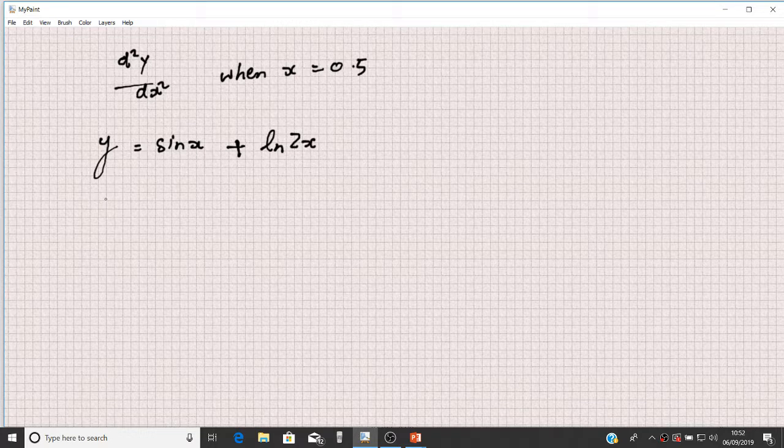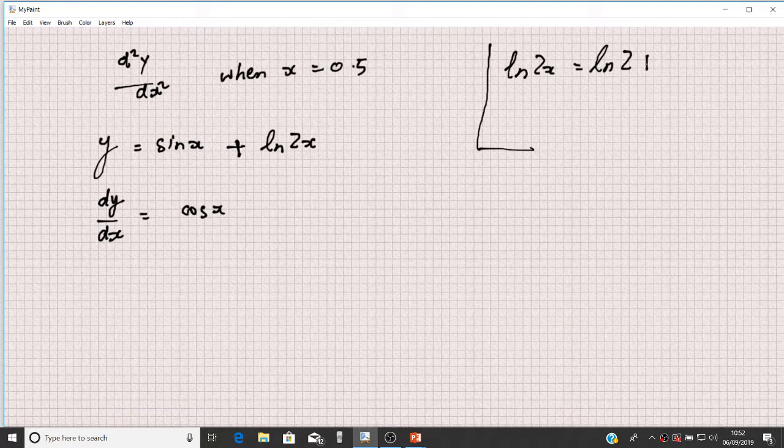First of all, we'll find the first derivative, dy/dx. From the formula book, the first derivative of sine x is cosine x. Now be careful here, this is ln 2x. We could actually say ln 2x equals ln 2 plus ln x. We know that from our rules of logarithms.